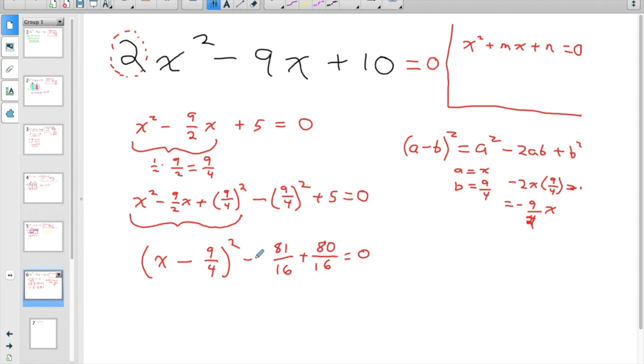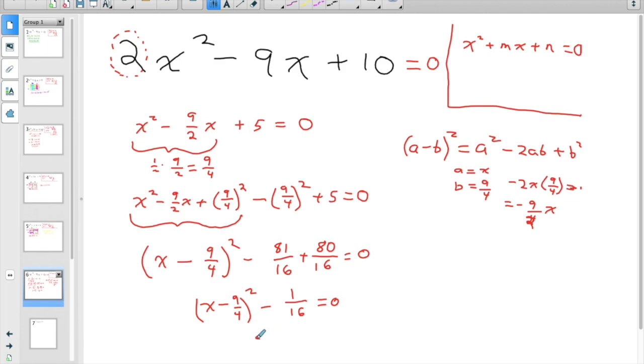So negative 81/16 plus 80/16 is going to give us negative 1/16.